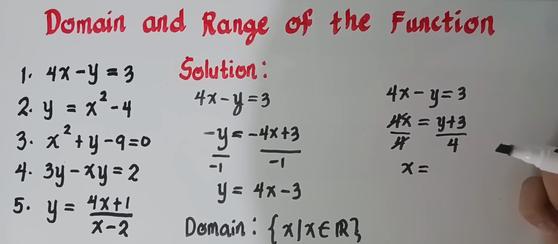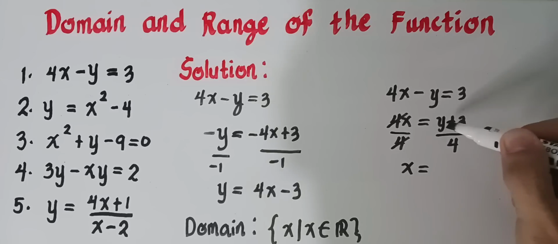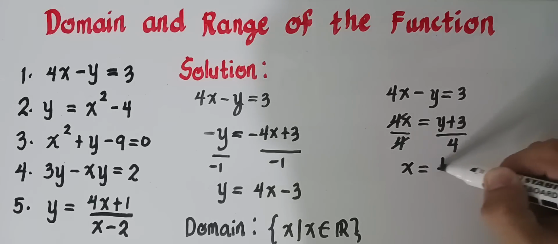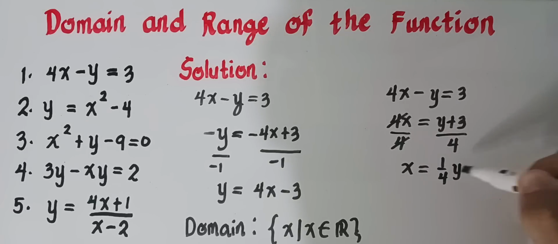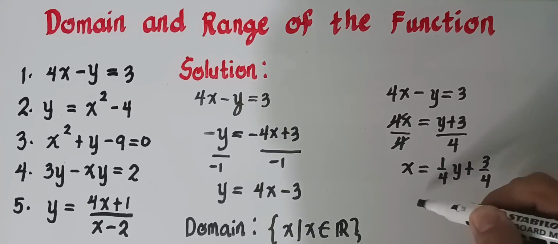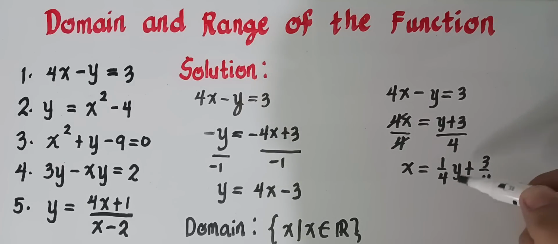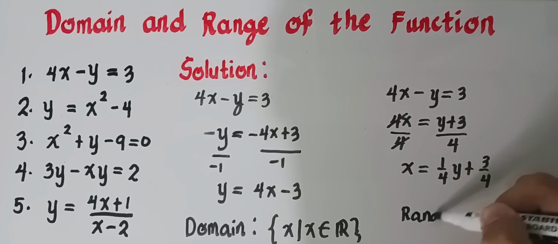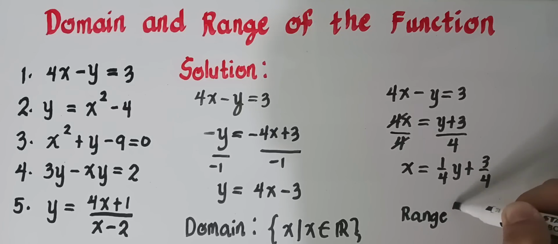So, we have 1/4, tama? Okay. So, 1/4 y plus 3 over 4. Okay? So, in this case, since x is a polynomial, okay, ang range natin ay, wala naman tayong restrictions.